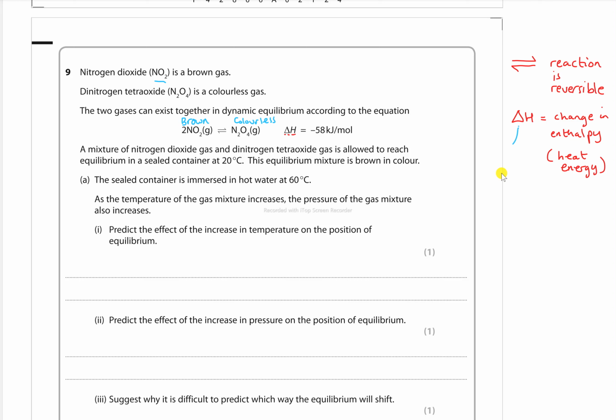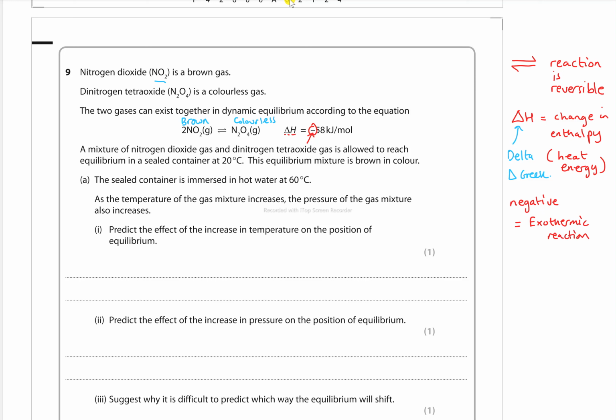This here is delta, it's capital D in the Greek language. One more thing for now. This negative change in enthalpy tells you it's an exothermic reaction.